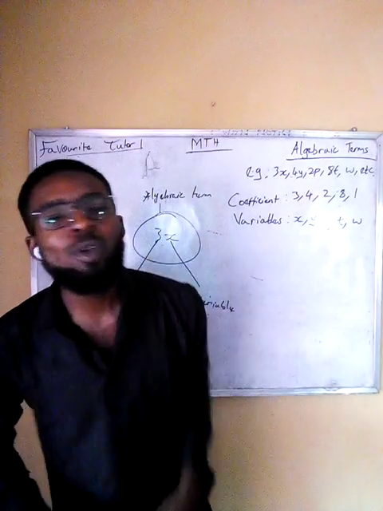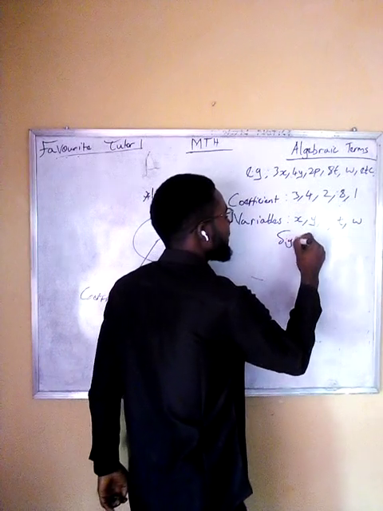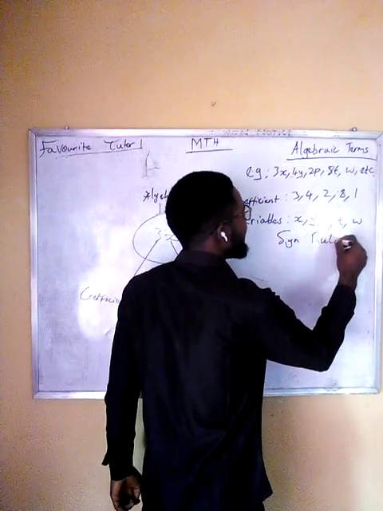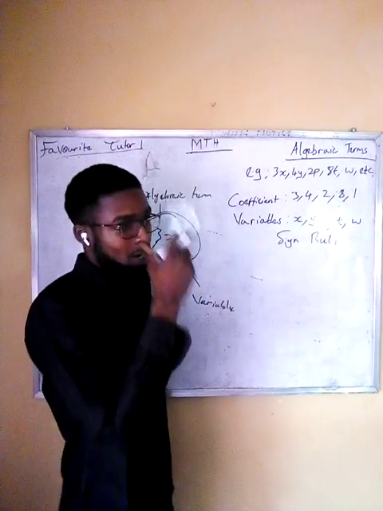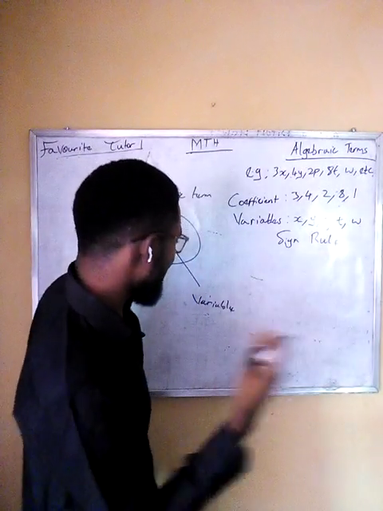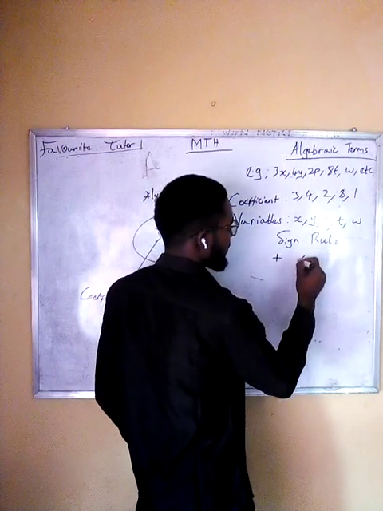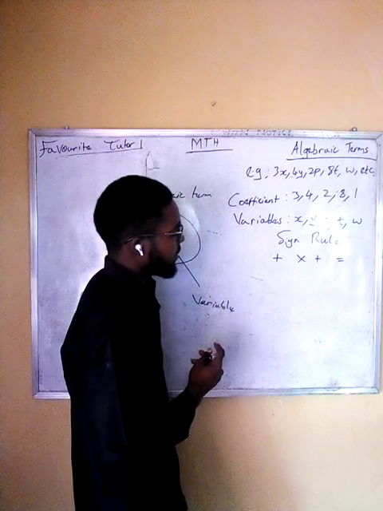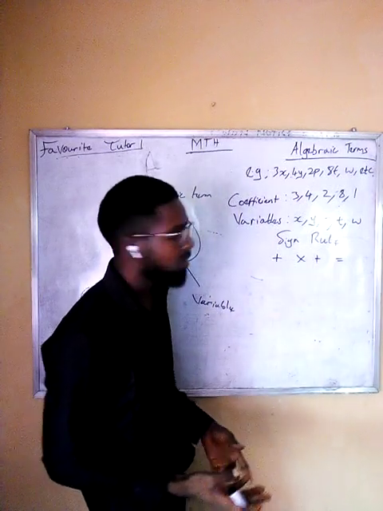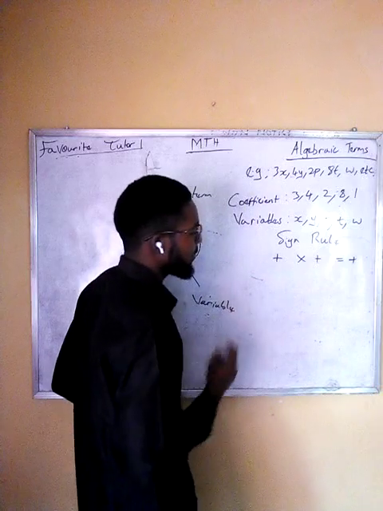Today we'll also be talking about the sign rule in mathematics. What are these sign rules? We'll start with the first one. Plus times plus is plus. This is the first rule.